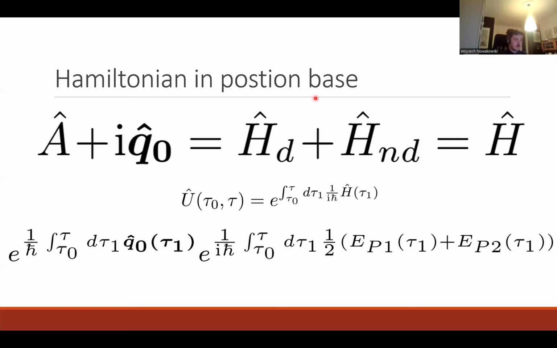And when we apply this formula to this equation, and using the Hadamard-Baker rule, we can find out that this U operator will have the form that is visible at the bottom of the slide.